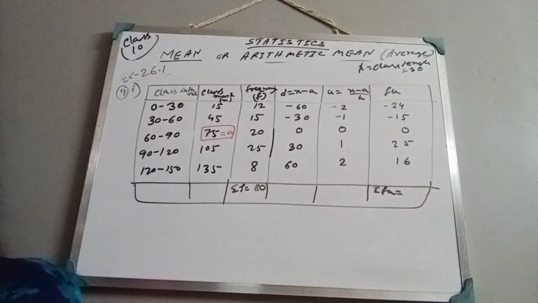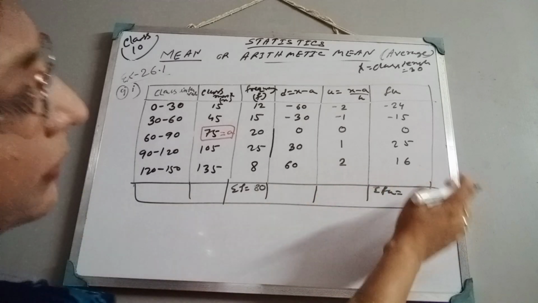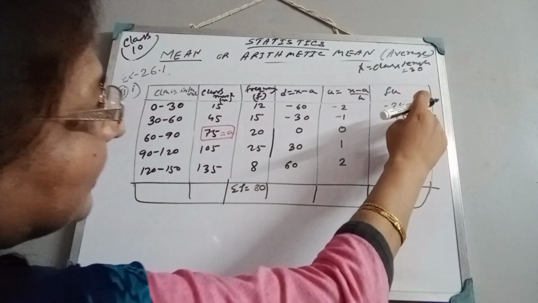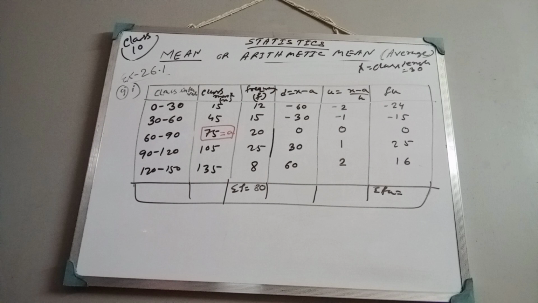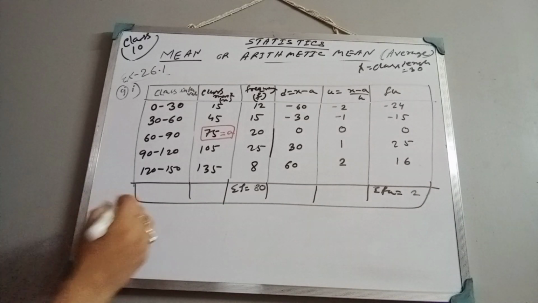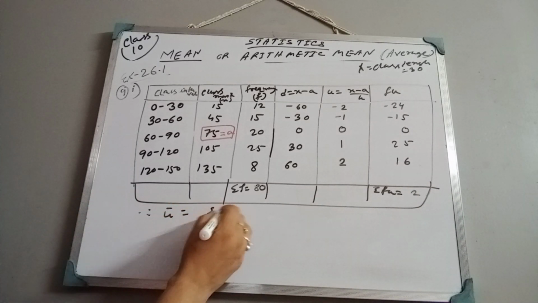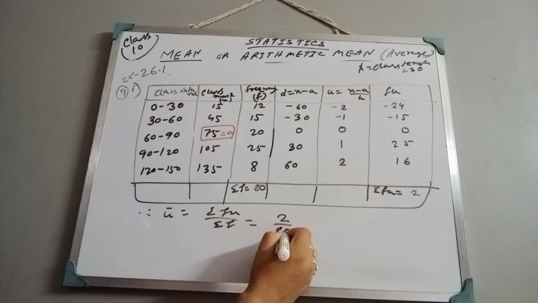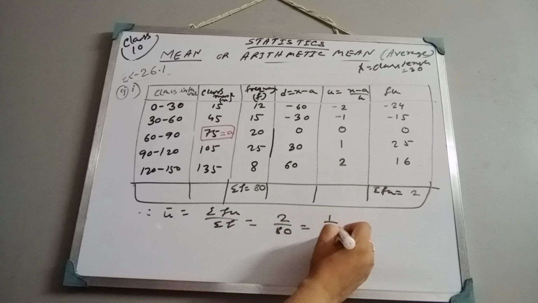Sigma fu equals how much? 25 minus 24 is 1. 1 minus 15 is minus 14. Minus 14 plus 16, so it is only 2. Therefore, for u bar, at first we find sigma fu by sigma f. Sigma fu is 2, sigma f is 80, so it is coming 1 by 40.